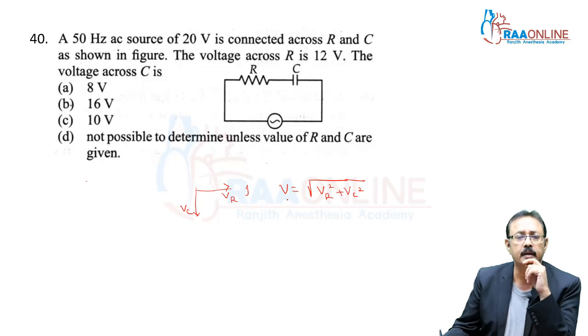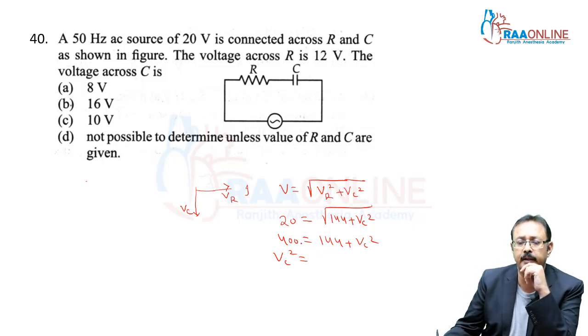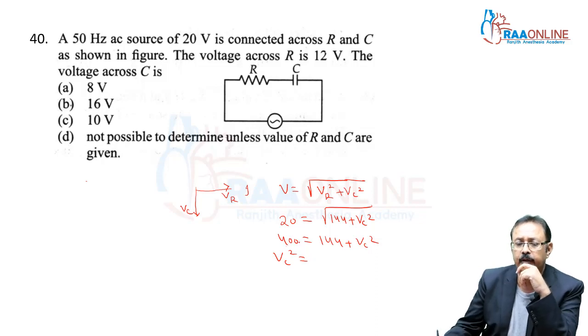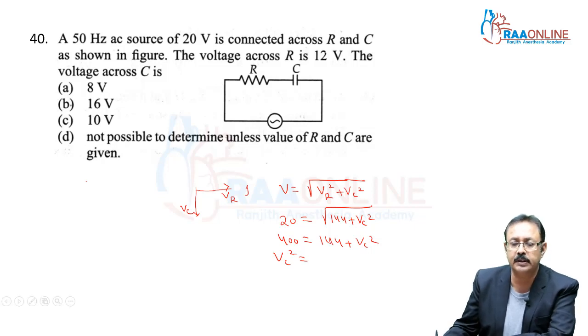We know that the total voltage was 20. VR got its share, 12 volt. We want to calculate VC. 400 is equal to 144 plus VC square. So VC square is 400 minus 144, which is 256.